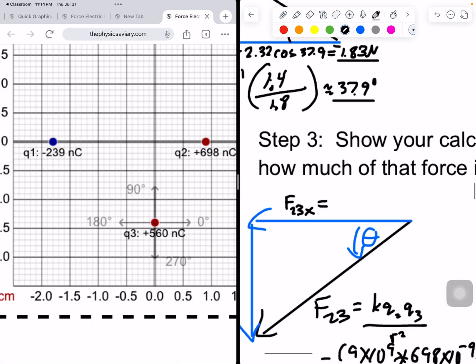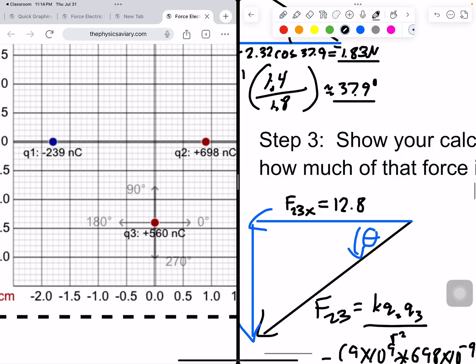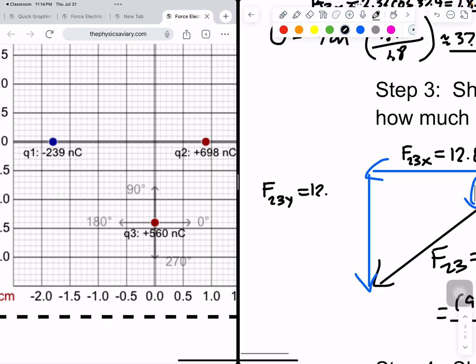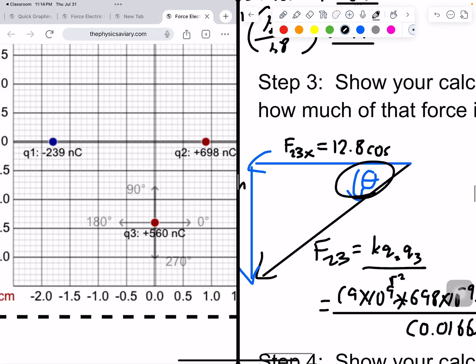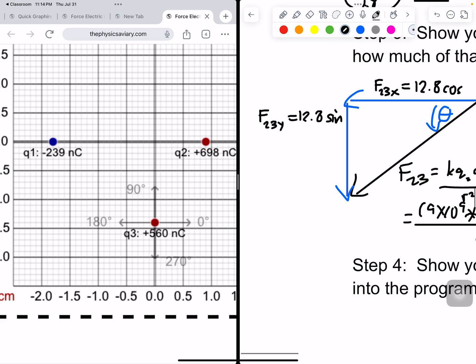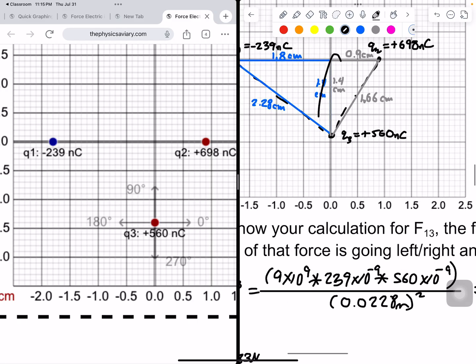So I'm going to go 12.8 cosine. I got to find these angles, right? This one's going to be 12.8 times the sine. Now, what is this angle theta right here? All right, we can find that. Angle theta is the arctan of the y component, which is 1.4, over the x component, which is 0.9.